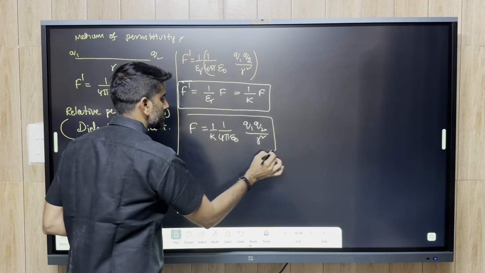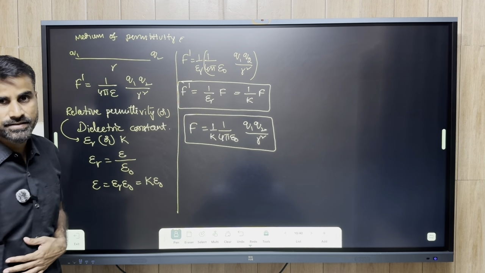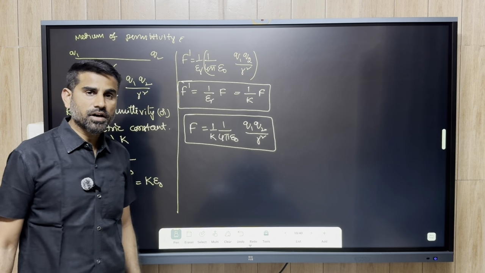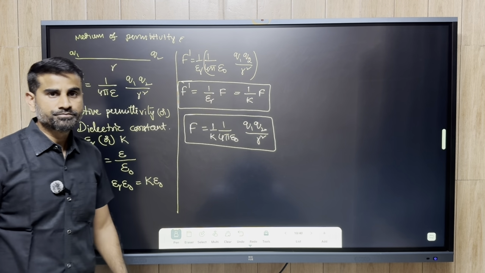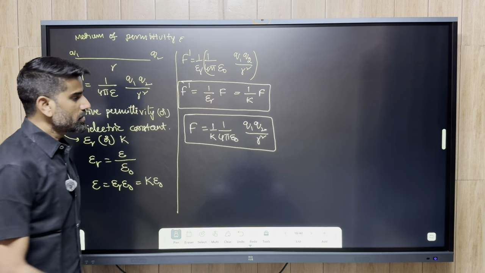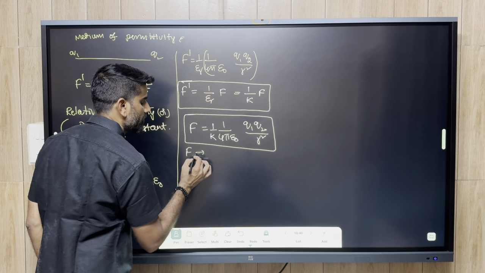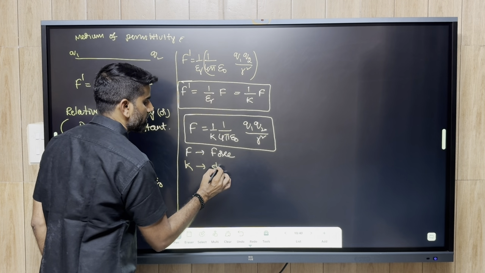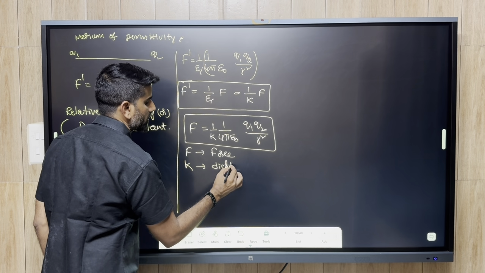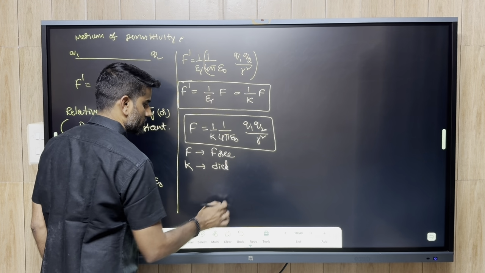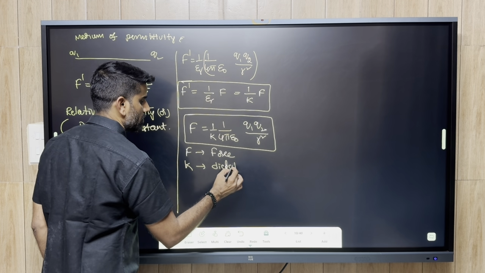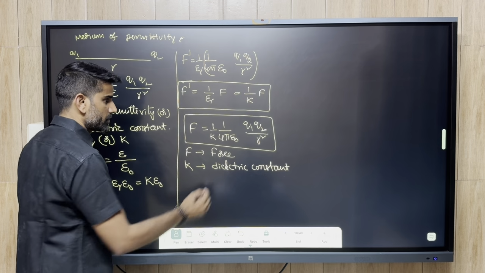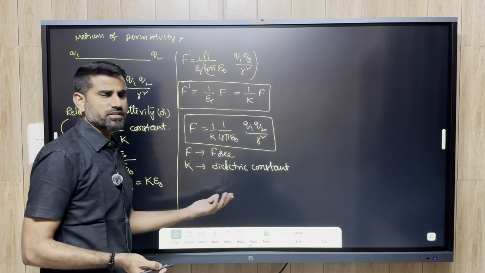So this is the ultimate equation for the electric force between the two charges q1 and q2 separated by distance r in the medium of dielectric constant K. In this equation each quantity is representing something: F is the force between the charges, K is the dielectric constant, and epsilon naught is the permittivity, which is again constant.